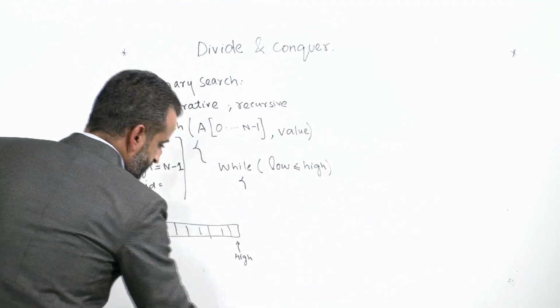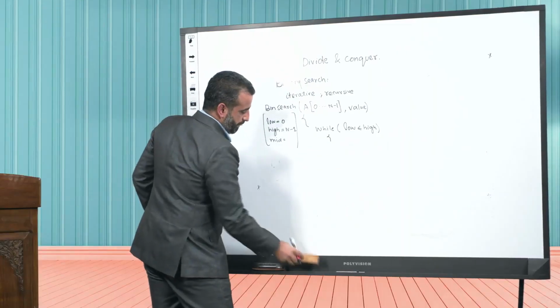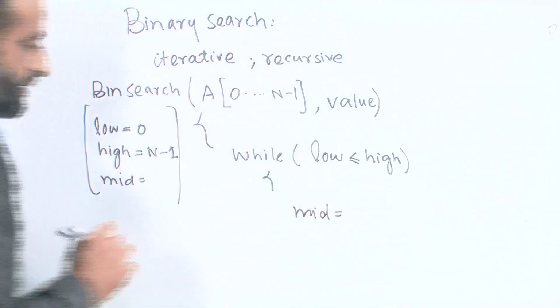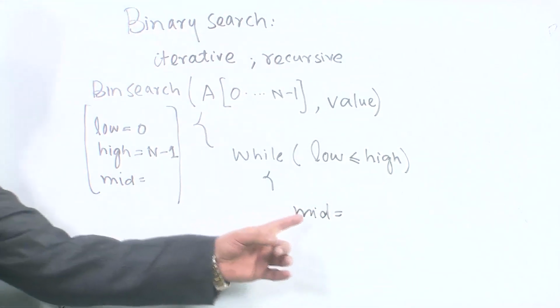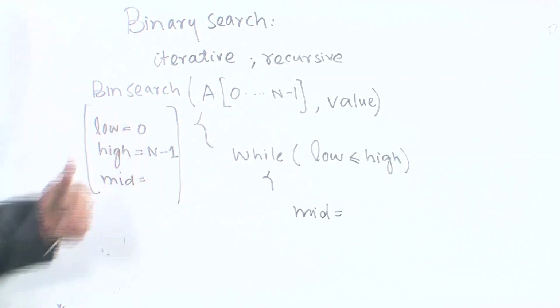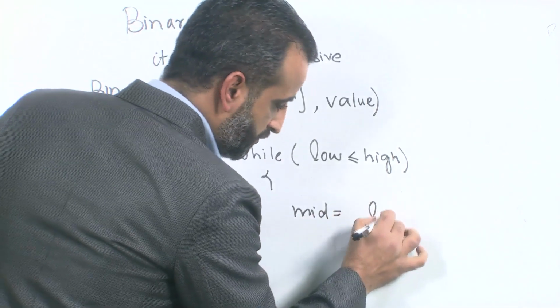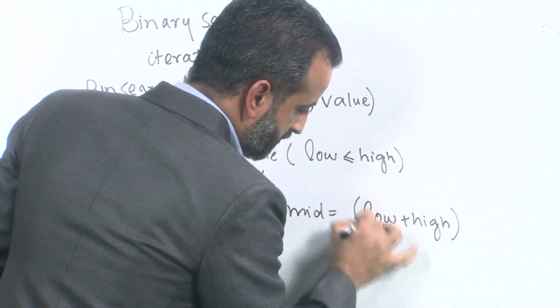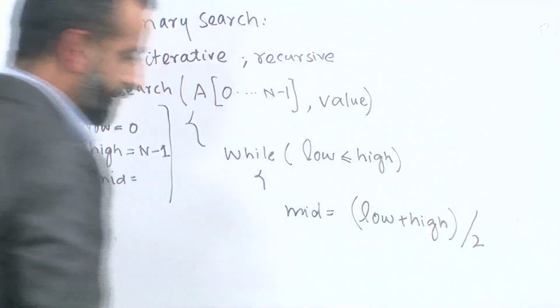First thing I do is that I'll try to calculate my mid value. The mid value that you compute in this case is the half of your low and high. So my low plus my high, and I divide it by 2.